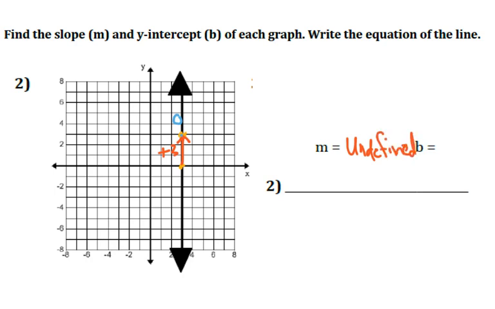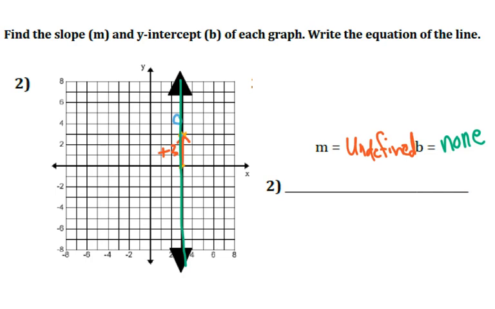Okay. And our y-intercept? Well, let's look. We have this line here. It never crosses the y-axis. And notice that it's always 3 away, all the way down. So there is none. So no y-intercept. Well then, how can we define this equation?